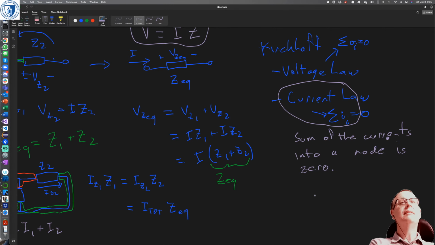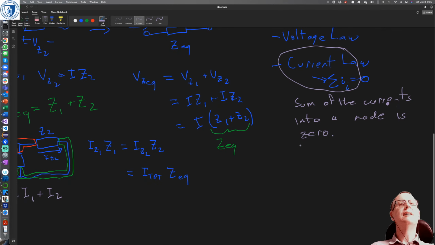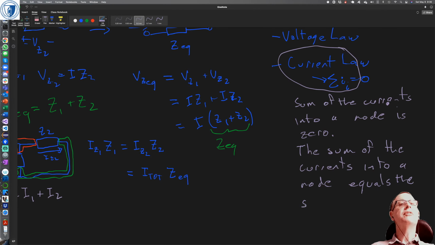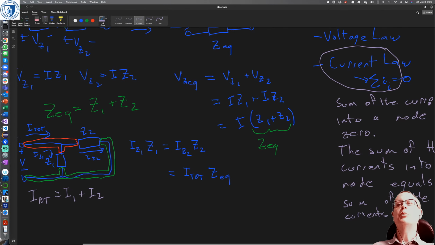Another way to say it is to say the sum of the currents into a node equals the sum of the currents out of the node. And that's what I'm doing here, right?